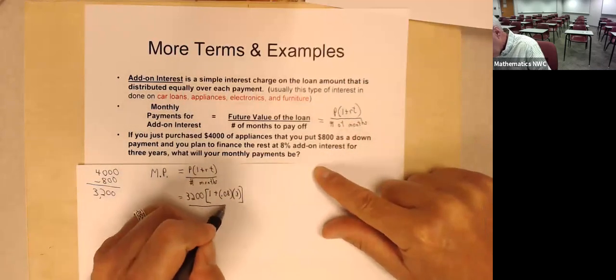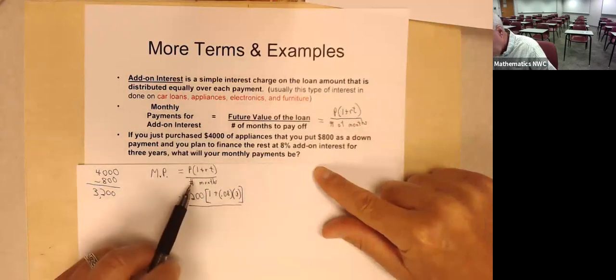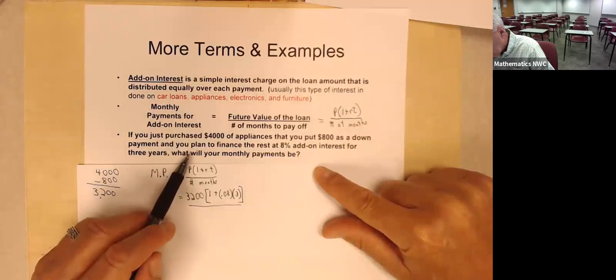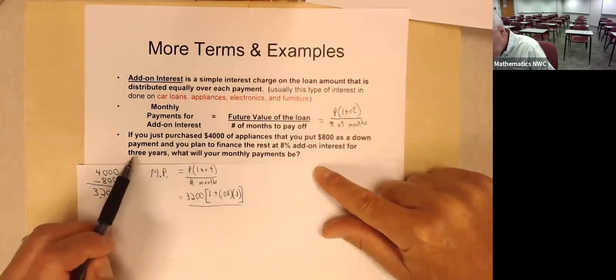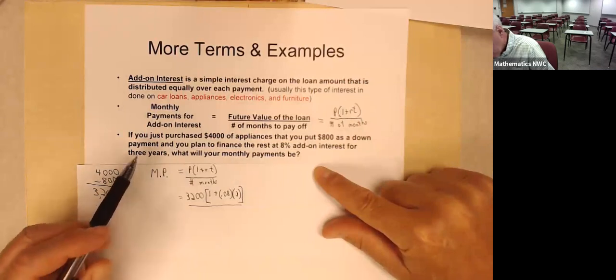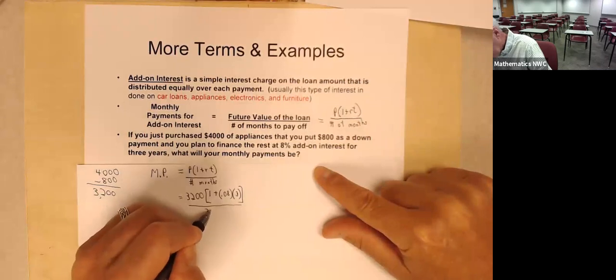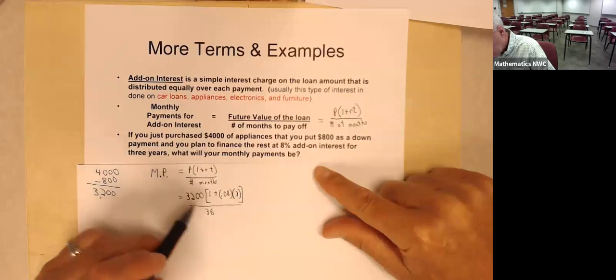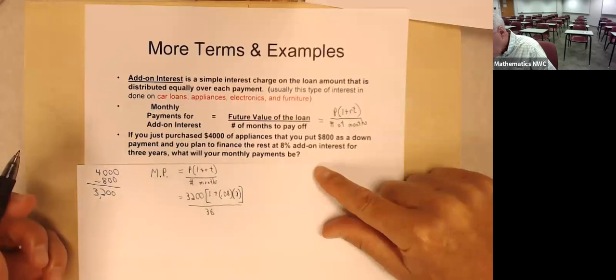But now, notice I'm dividing by number of months. Well, they didn't give me specific months, but they told me 3 years. There's 12 months in 1 year, 24 in 2 years, 3 years would be 36 months. So I'm going to be dividing by 36. I could have put 3 times 12 there as well.